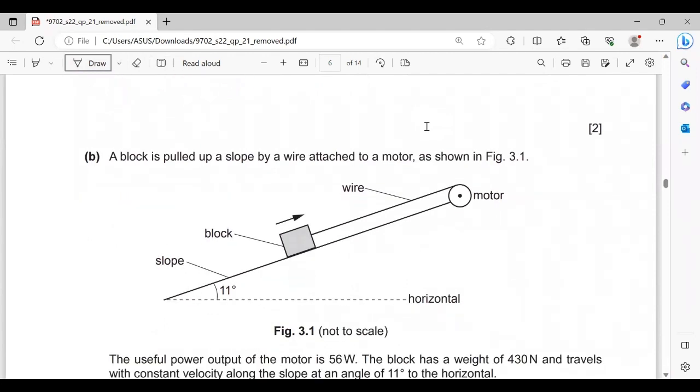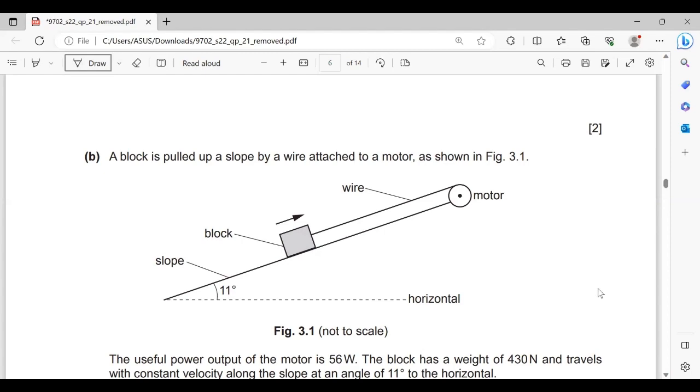A block is pulled up a slope by a wire attached to a motor, as shown in figure 3.1. Look at this figure: there are a slope, block, wire, and motor. Between the slope and a horizontal line, there is an angle of 11 degrees.